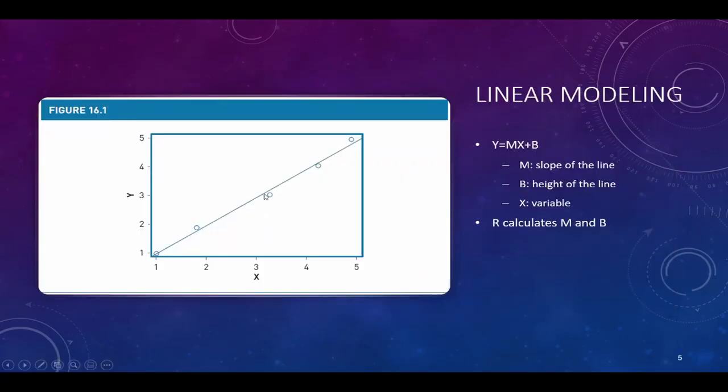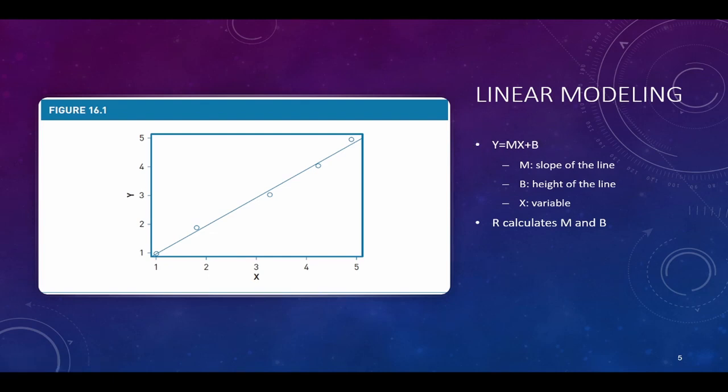This line fits pretty well, but notice it's still not exact. There's a few points that are not exactly on the line. Let's keep in mind that those discrepancies are actually important, but we'll talk about that later. Once this line is drawn, it can be represented by the traditional simple linear equation of y equals mx plus b.